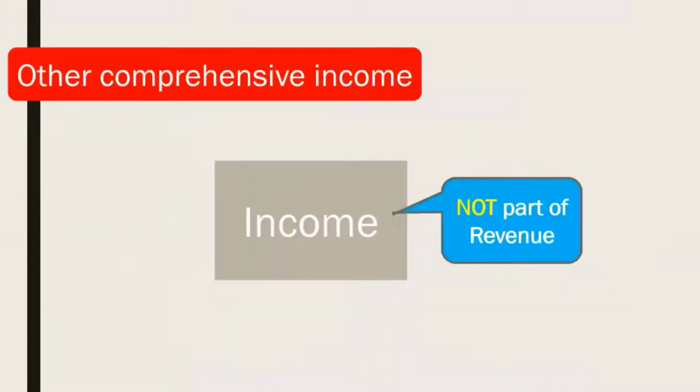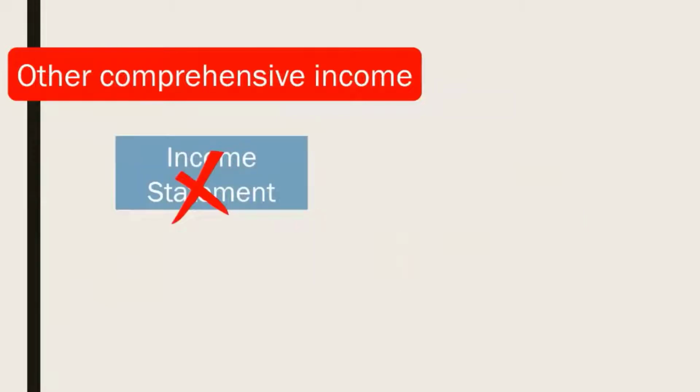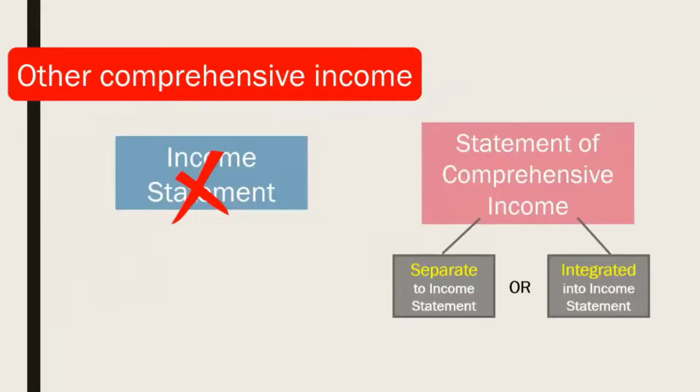Other comprehensive income includes items that fit within the definition of income in the conceptual framework, but do not fit within the definition of revenue. For this reason, other comprehensive income does not appear in a firm's income statement. It may be shown in a statement of comprehensive income, which may be separate to a firm's income statement, or integrated into the income statement as a single statement of comprehensive income.